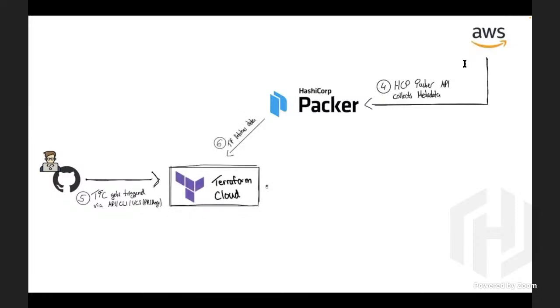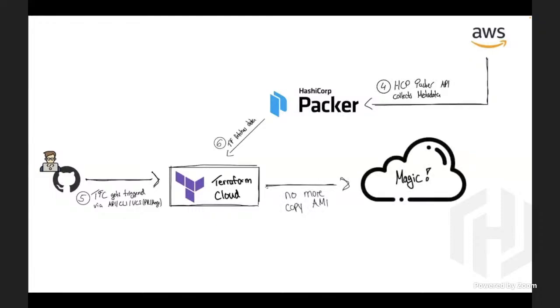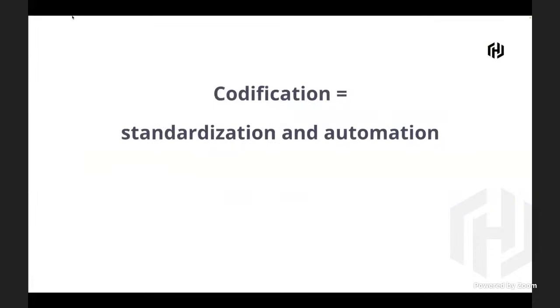So I will trigger a run, then Terraform will go out there and fetch the latest image ID from HCP Packer, as we codified our images in our code. And you will see that you don't have to copy image IDs anymore from the specific cloud provider. It then creates the infrastructure. So magic happens. After that, we should see a website, seeing how we can create a golden image pipeline, hopefully. So let's jump into the demo.